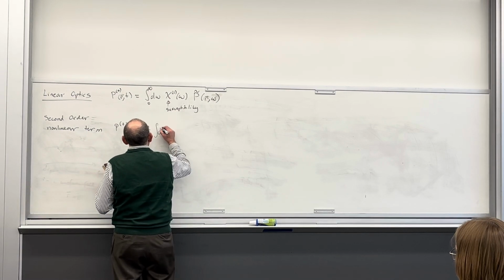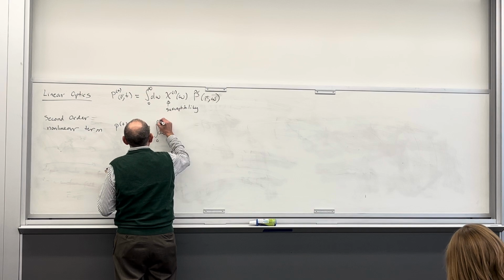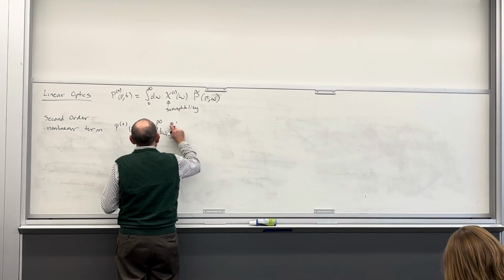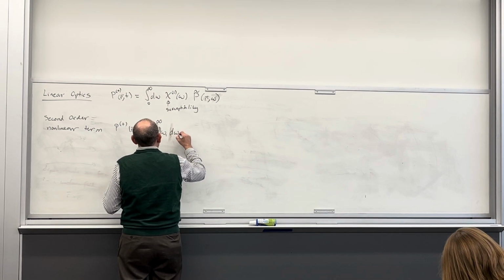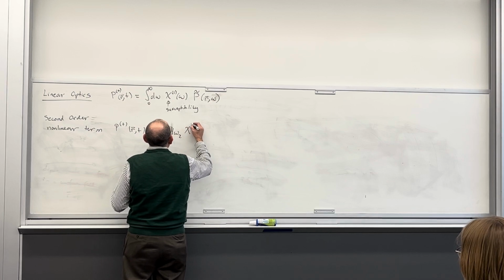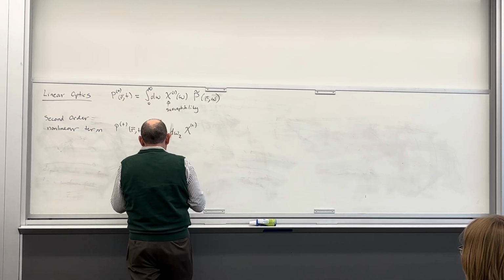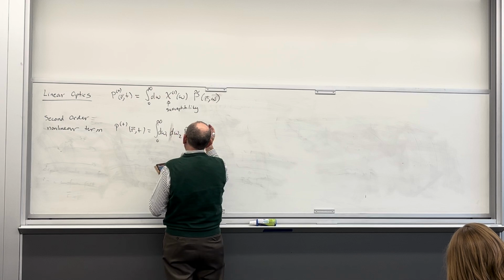So I'll have two frequencies. There'll be a chi2 coefficient that will depend on the particular frequencies.